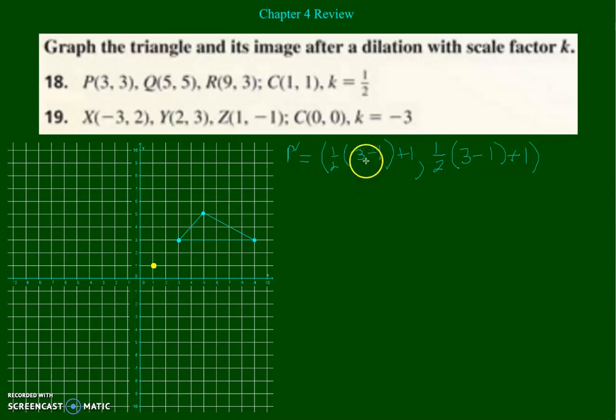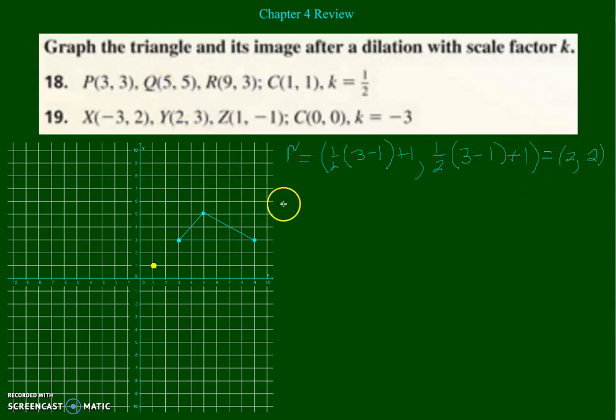So we have 3 minus 1 is 2. 2 divided by 2 is 1, and 1 plus 1 is 2. Then 3 minus 1 is 2, 2 divided by 2 is 1, 1 plus 1 is 2. So our new point is 2, 2.